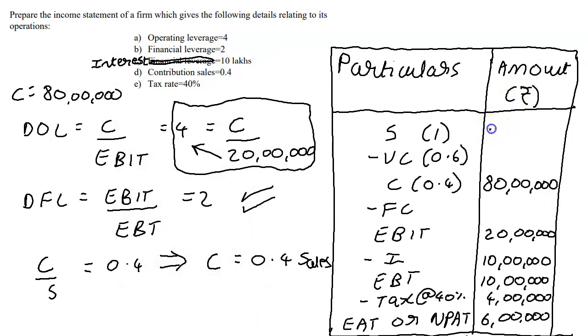So sales is 2 crores, and therefore the difference between them, of course you can cross multiply and get it, but simply by subtracting, I know this is 1 crore 20 lakhs, and again we have fixed cost missing, but I know that 80 lakhs minus the fixed cost gives me earnings before interest and tax, and therefore that number must be 60 lakhs. 80 minus 20 gives you 60 lakhs.